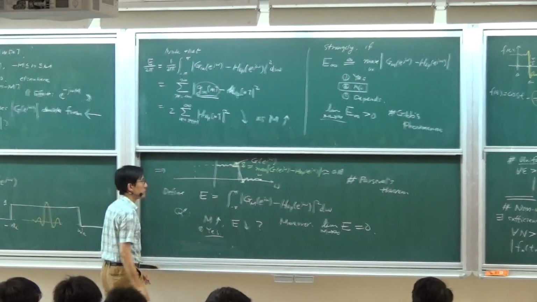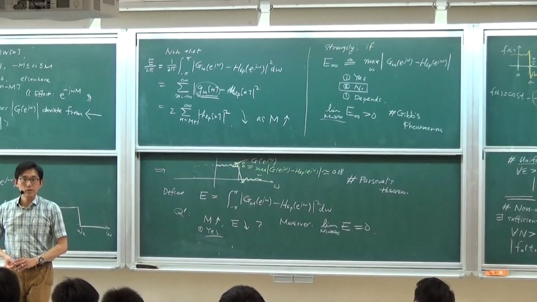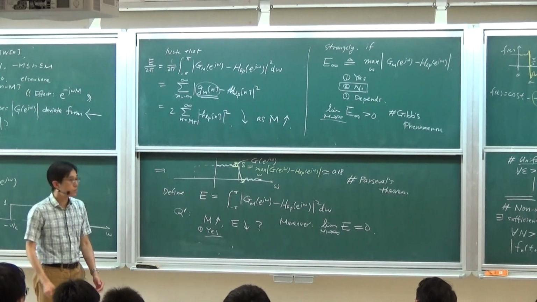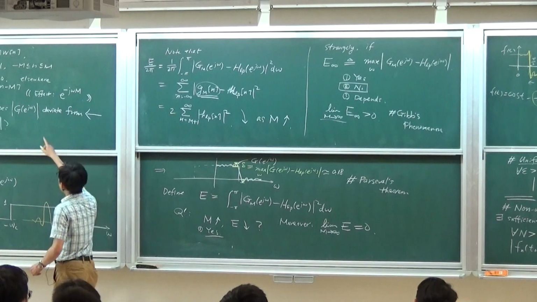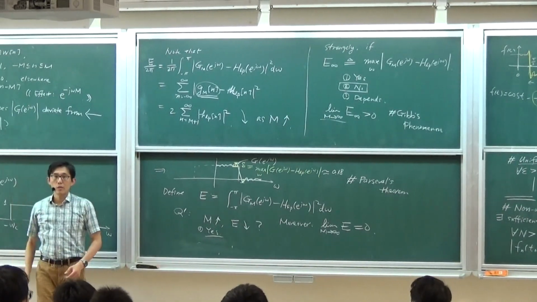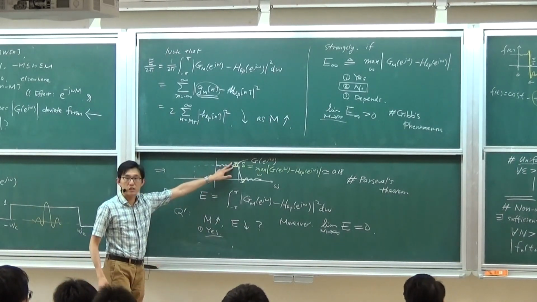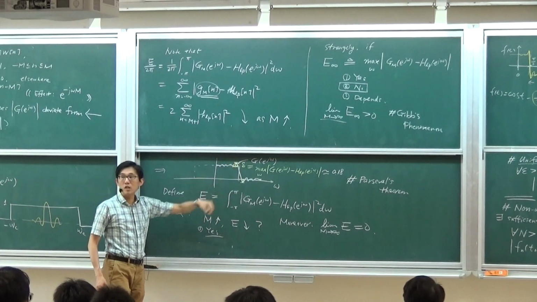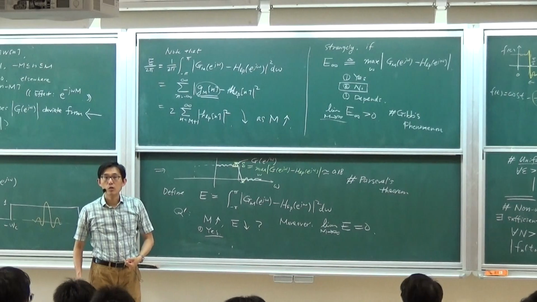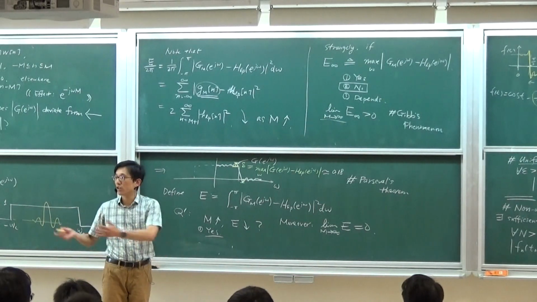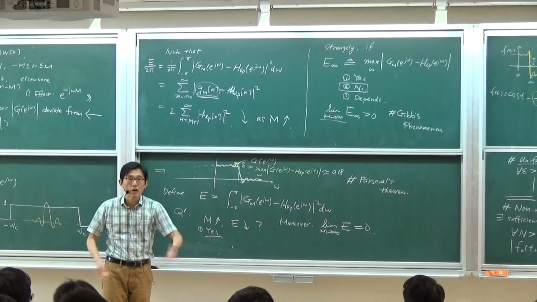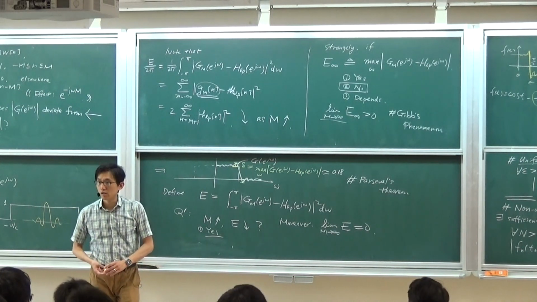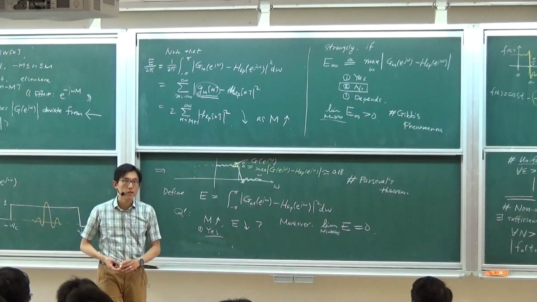So we need to think about something else, and that something else is another kind of window. By designing our wn, we may be able to reduce this error. It is inevitable, but we can try to minimize the maximum error by using different kinds of windows, something other than the rectangular window. And that's what we're going to touch upon next time we meet, next Tuesday.